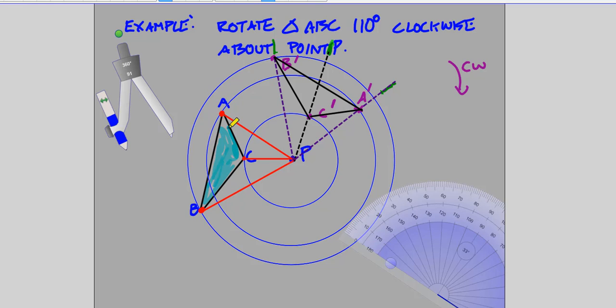Let me write that here. Let me get the other one colored in first. So this is my image. Maybe use a different color so I can see those letters a little better. Use yellow. Okay, so this is my final image.